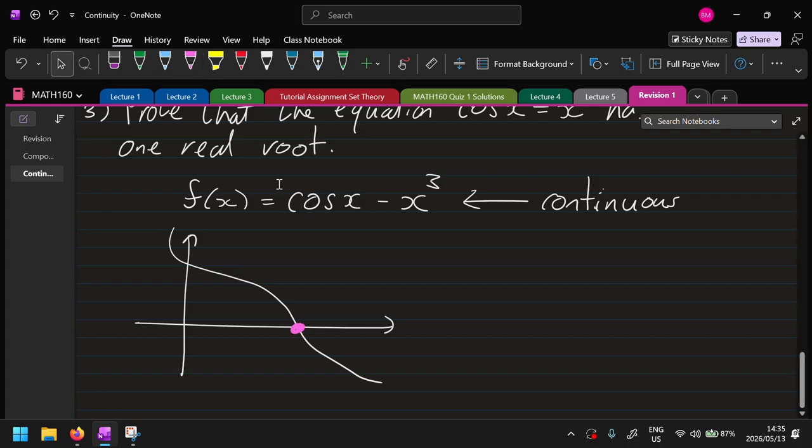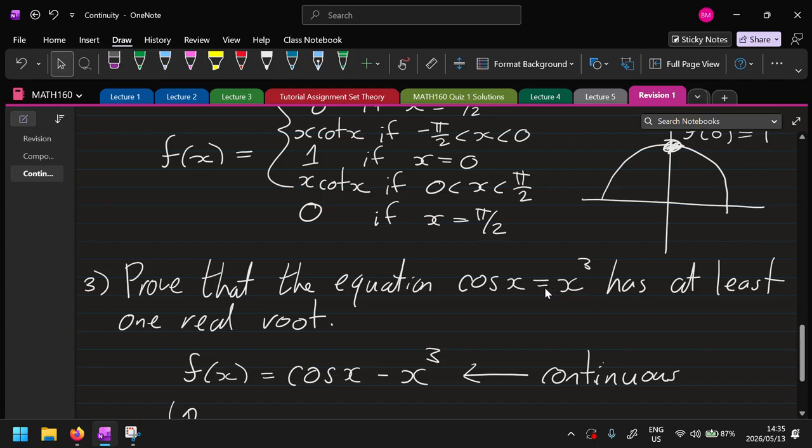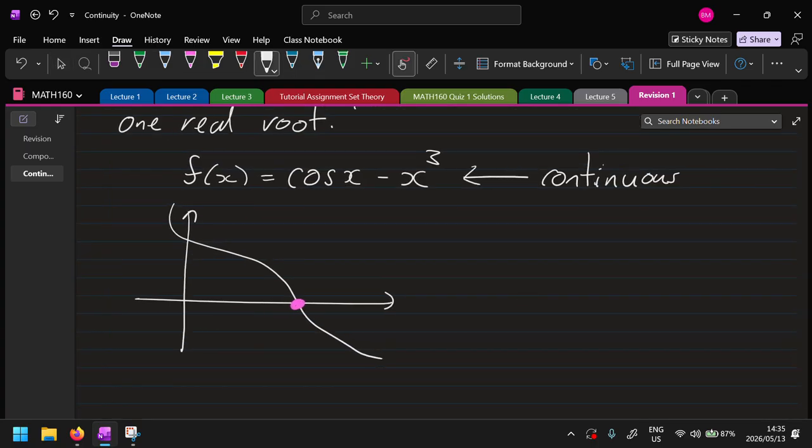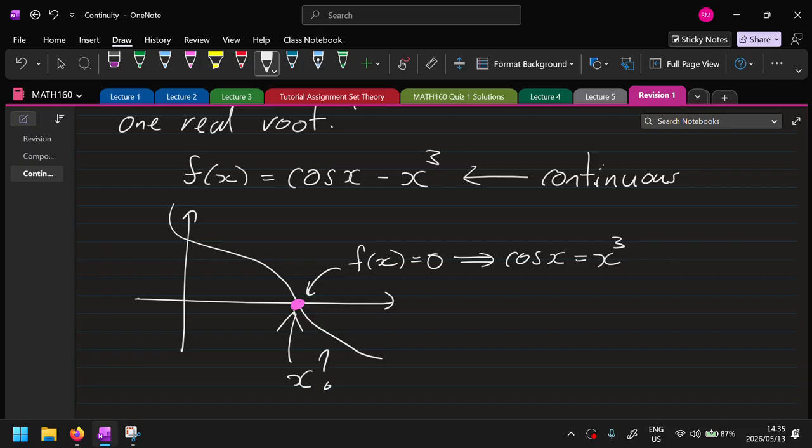If the function value is 0, it means that these two must be equal, which is what we wanted to show. So is there such an x that does that? The goal is to not find this x, but just to show that there is this x. What can we use to show that?